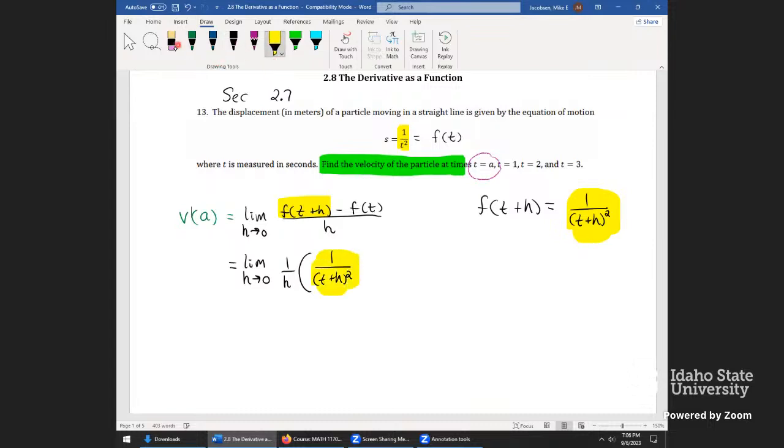Highlighting these in yellow just to show where those things are going. Then minus, here it says f of t, and I'll just throw in 1 over t squared. So that's how this starts off. Then it's the wonderful world of dealing with fractions. The process of getting through these is usually not too bad, but it just takes practice to become comfortable with it. Any questions at all, folks, to that stage?